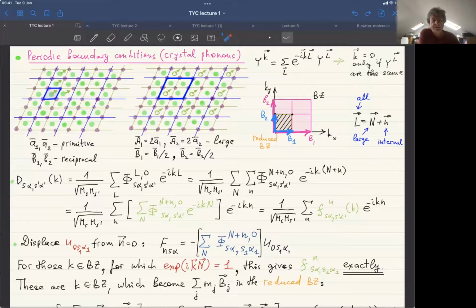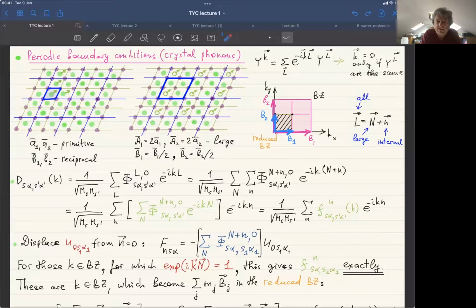In the case of a crystal, the situation is a little bit more complex, because in the case of a crystal, we would like to determine the vibrational frequencies and normal modes for different K points. Remember how the displacement for a given K point, eigenvector, of the K point, related to all displacements at different lattice sites.